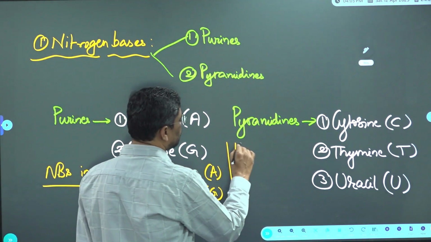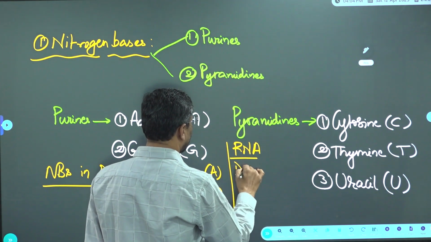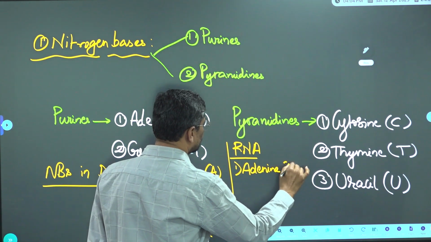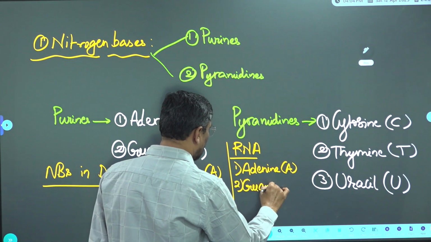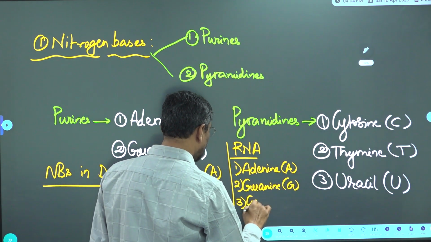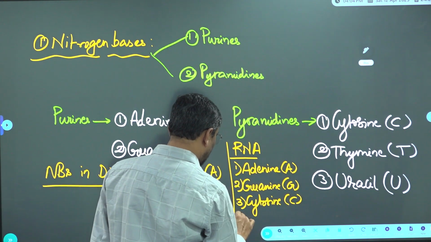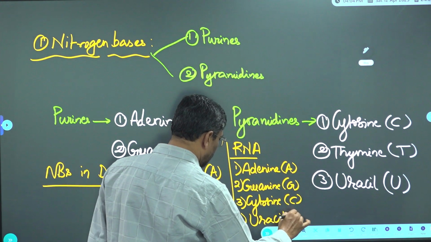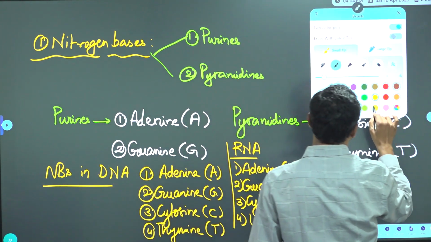And the nitrogen bases present in RNA are adenine, guanine, cytosine and uracil, U. So you have to remember here.